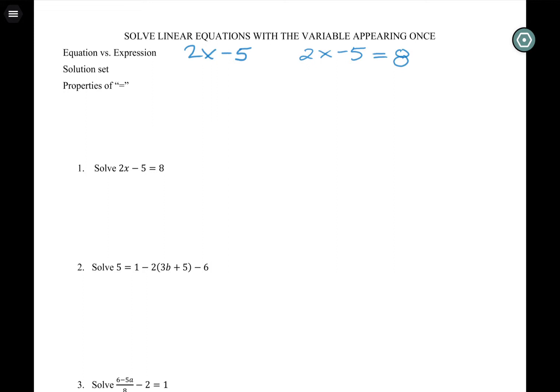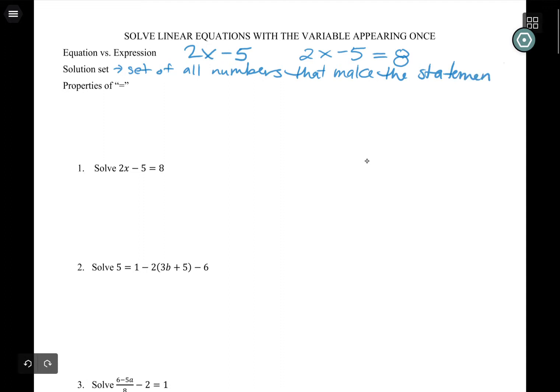So when we talk about solving an equation or finding the solution set, we're looking for the set of all numbers that make, and I'm going to even be a little more general, I'm going to say the statement true, because we'll also solve inequalities, and it's the same idea.